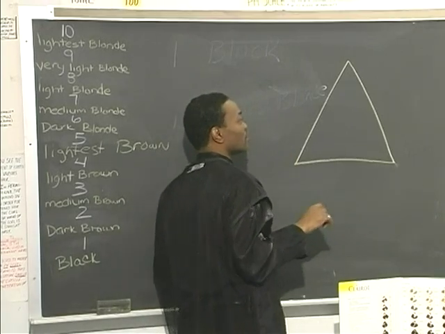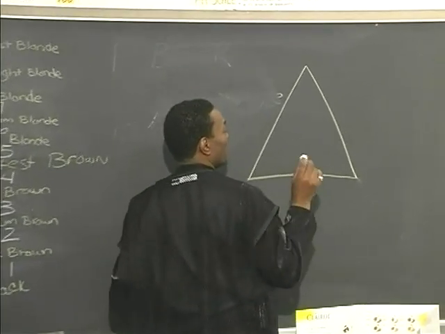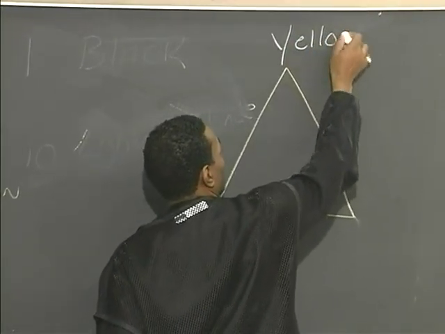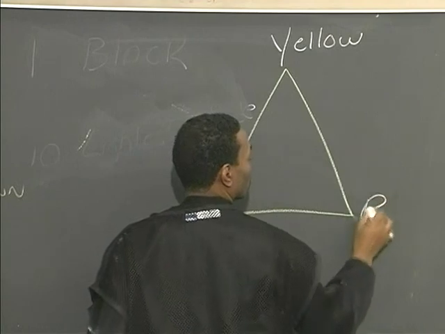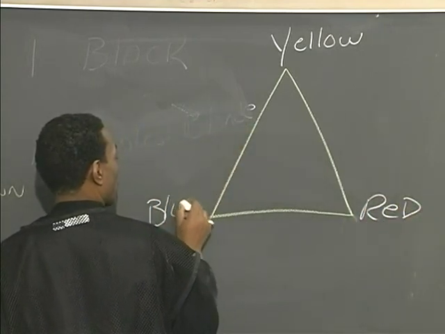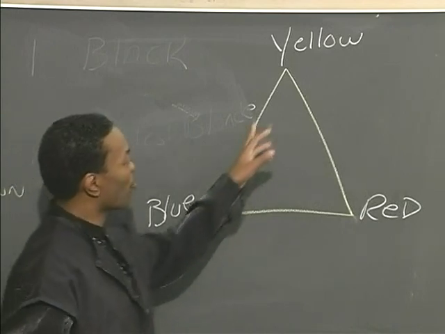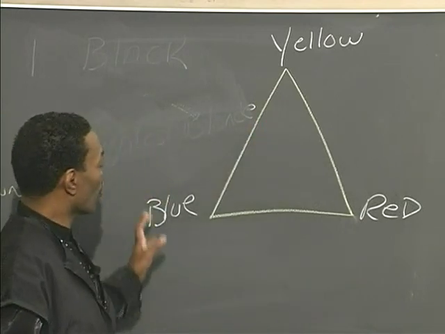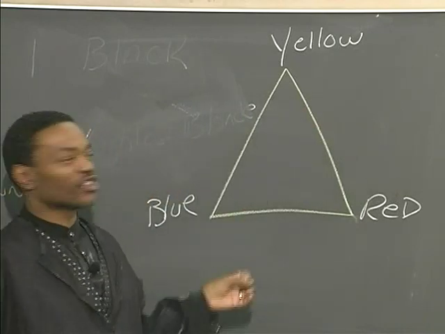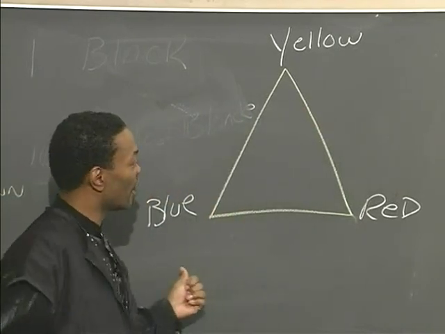The primary colors we have, and I'll put it up here, are yellow, red, and blue. These are your primary colors. Whether you say blue, red, and yellow, or red, yellow, and blue, say it any way you want it. There are 3 primary colors.